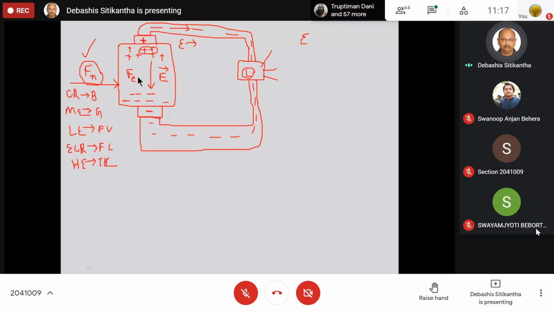So very simple thing, you have an EMF source. What is the use of this EMF source? This EMF source is actually creating the electric field in the conductor as well as inside the load. And therefore, because of the force of repulsion, the electrons from the negative terminal of the EMF source will try to move through this conductor and the load, and it will be dumped at the positive terminal.